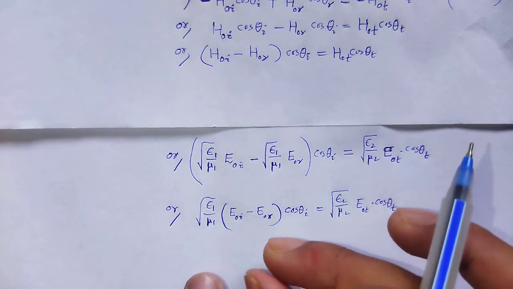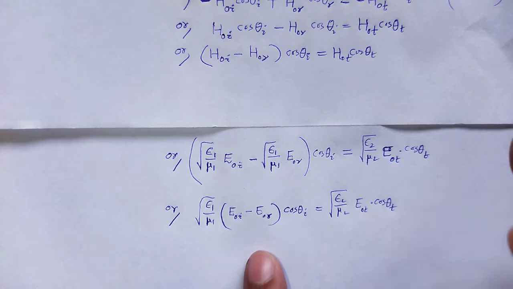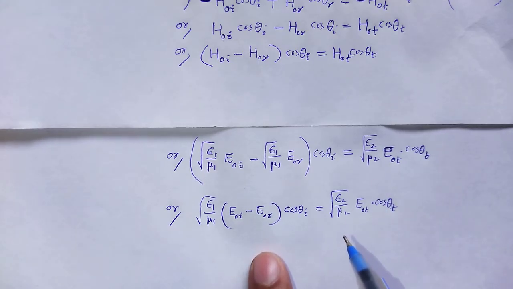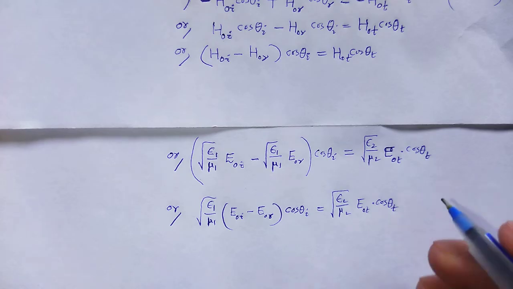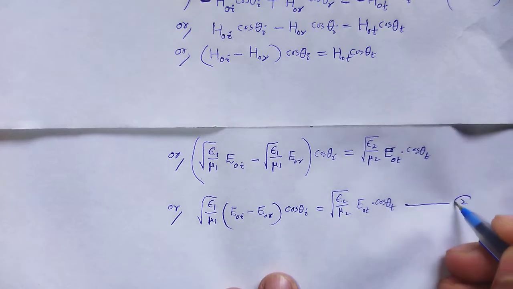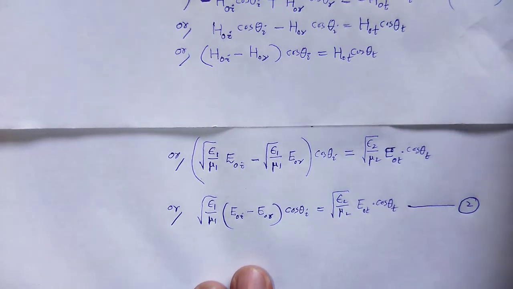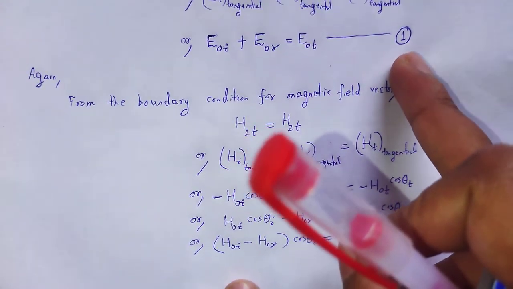Our aim is to calculate the ratio of the amplitude of the reflected wave to that of the incident wave. This is equation number 2. We can use that equation to transform equation number 1.